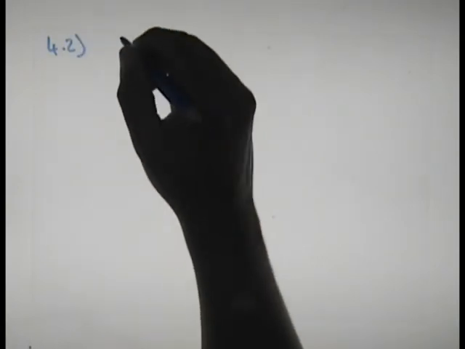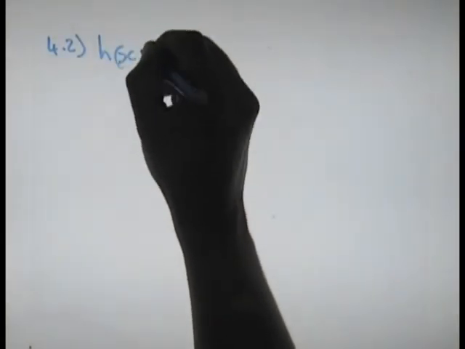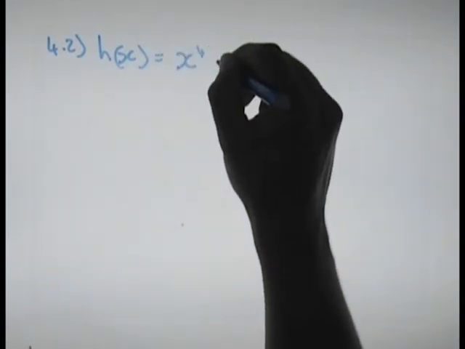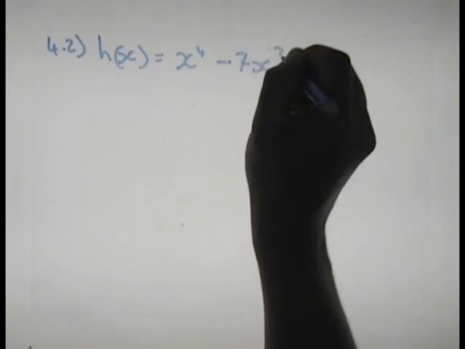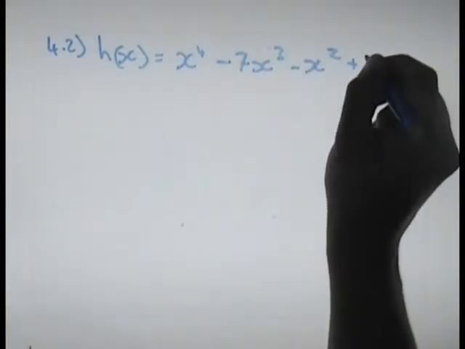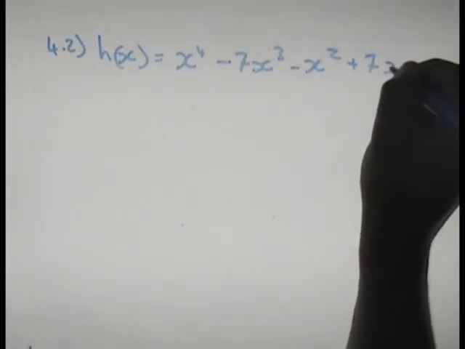The next one I gave you to do, number 4.2, read h of x is equal to x to the power 4 minus 7x cubed minus x squared plus 7x.